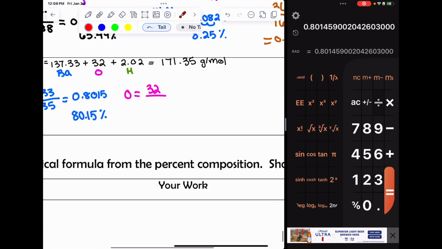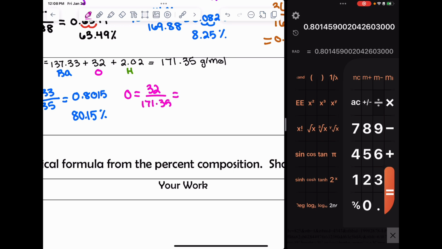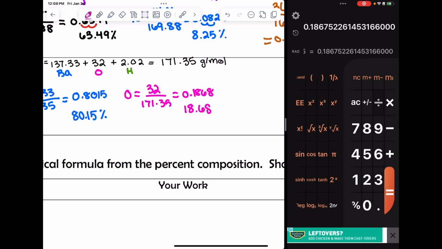We're going to divide that by the total, which is 171.35. So typing this in, 32 divided by 171.35, 0.1868, which is roughly 18.68%.